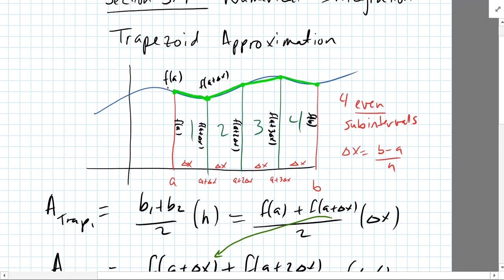Because look up here, did I say that it was the top of the first one and bottom of the second one? The next one is the top of the second, bottom of the third one. Do you see how they're used twice if they're on the inside, and A and B are only used once? When you get to college, if they let you use the fancy formula, they'll say delta x over 2 times f of a plus 2 of the next one plus 2 of the next one plus 2 of the next one plus 1 of the last one. But the AP test doesn't want that, so we're just going to learn to do trapezoids.